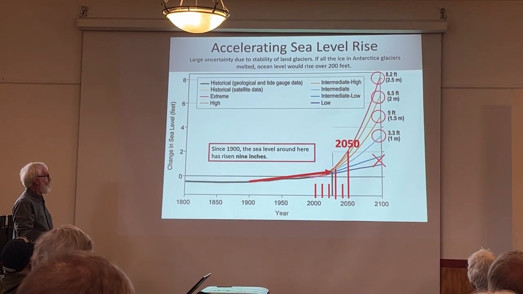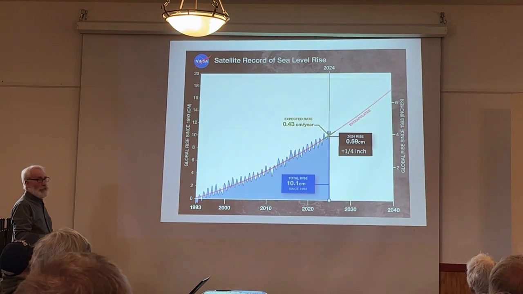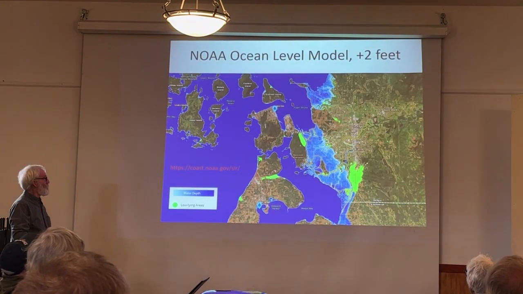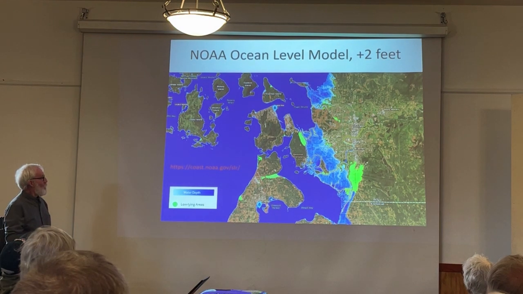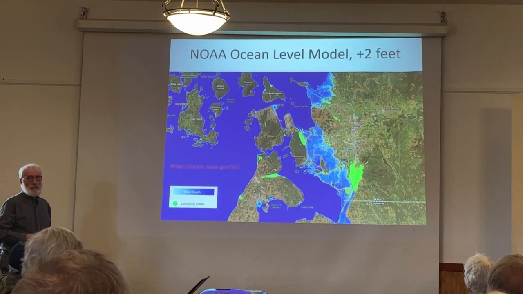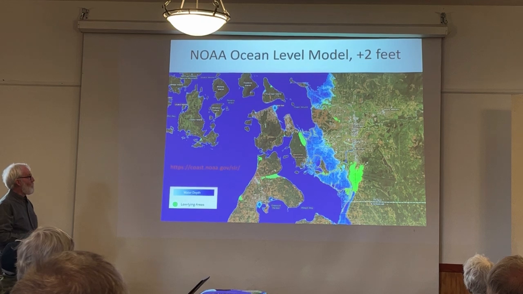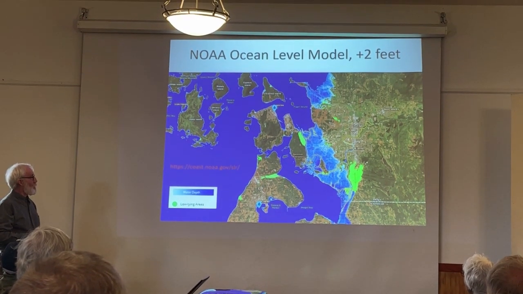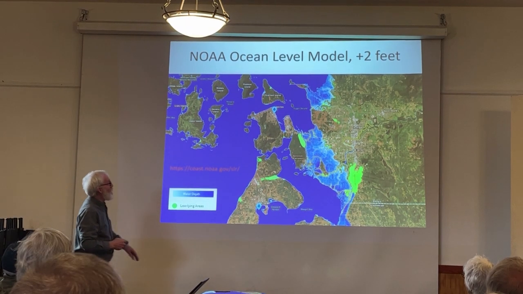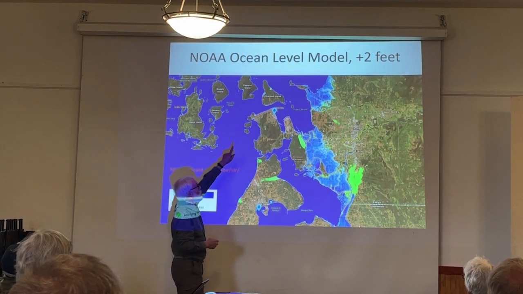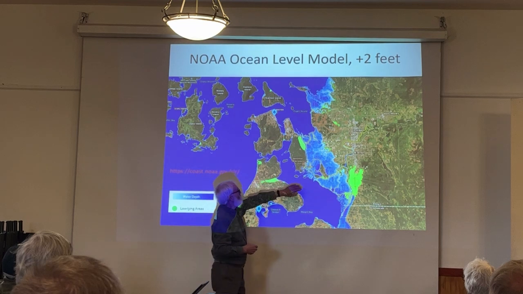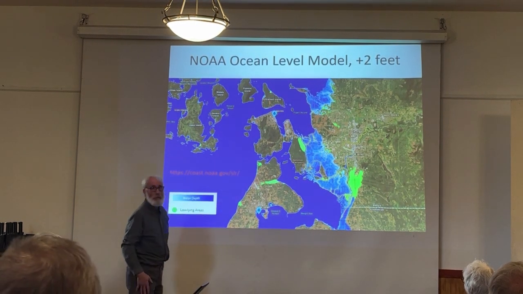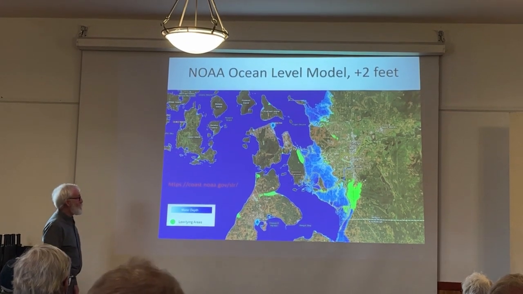So, with 2 feet of ocean rising, which might happen in just 25 years, these areas, there's claims up there, this is Conway, these areas will be basically swamps, if the current projections hold true.